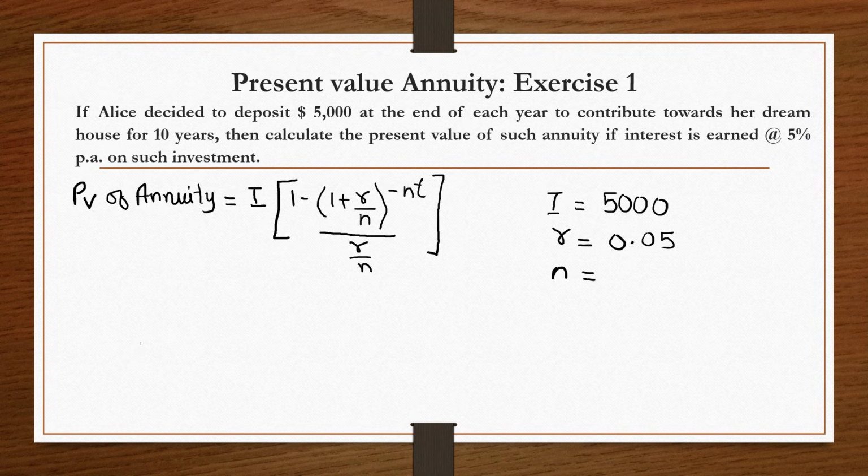Nothing is mentioned, so it will be 1, yearly. N is equal to 1. Then what is the time T? 10 years. So one more thing we need to write down, NT. N is 1 multiplied by 10, T. That is 10. So my NT is 10.